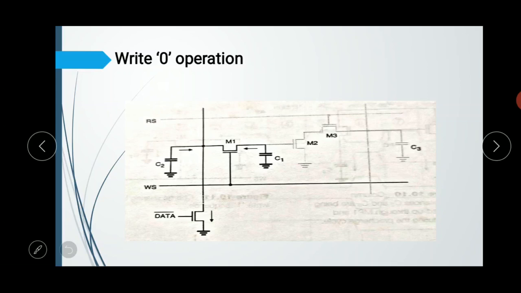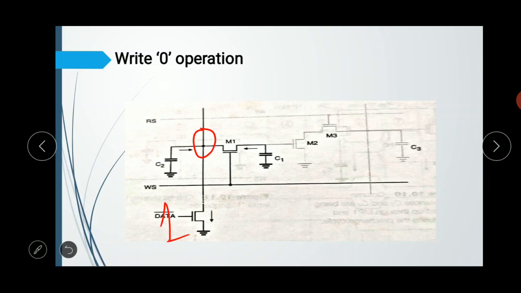For the write 0 operation, the inverse data input is at logic high level, meaning 1 is given here, because the data to be written onto the DRAM cell is a logic 0. So because this 1 is given at the input, logic 0 is present, or we get the logic 0 value here.